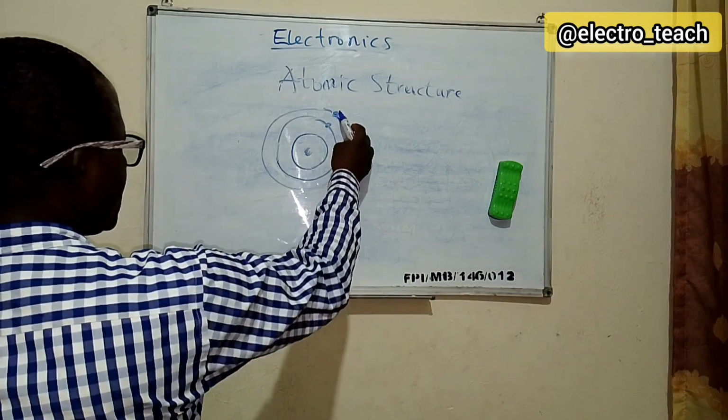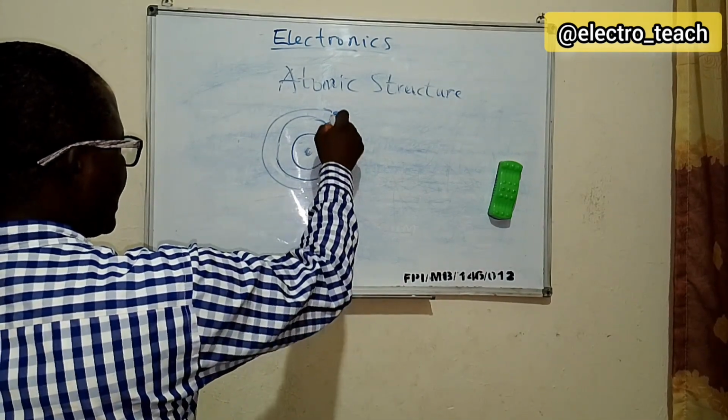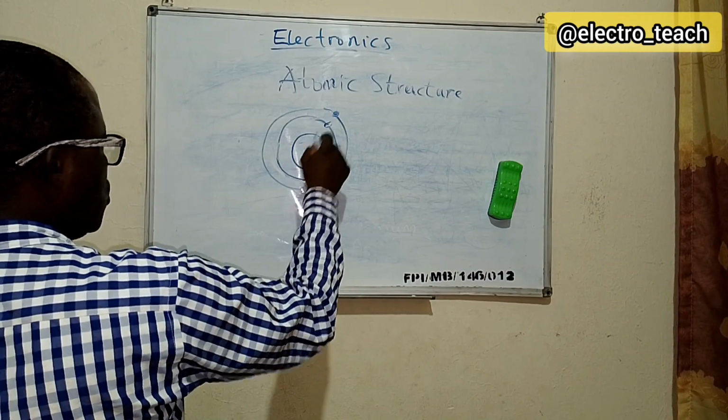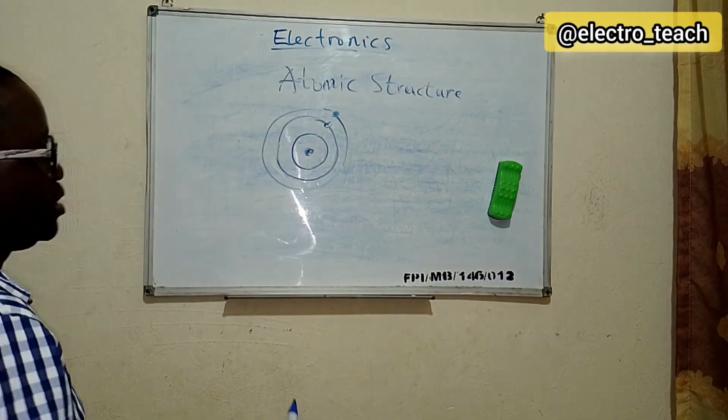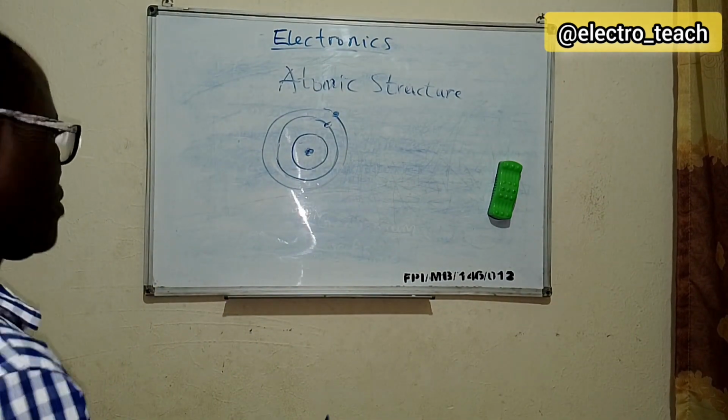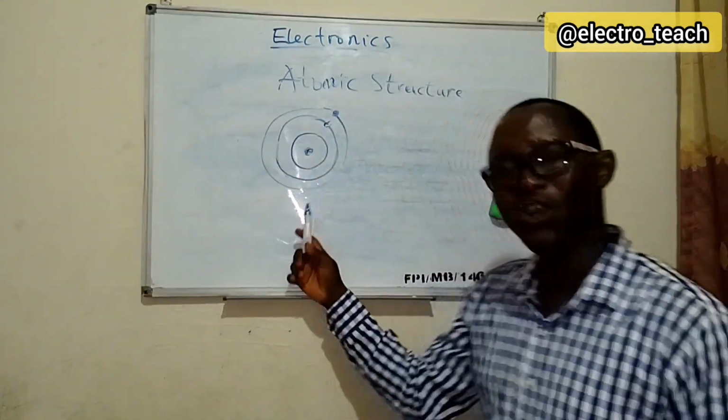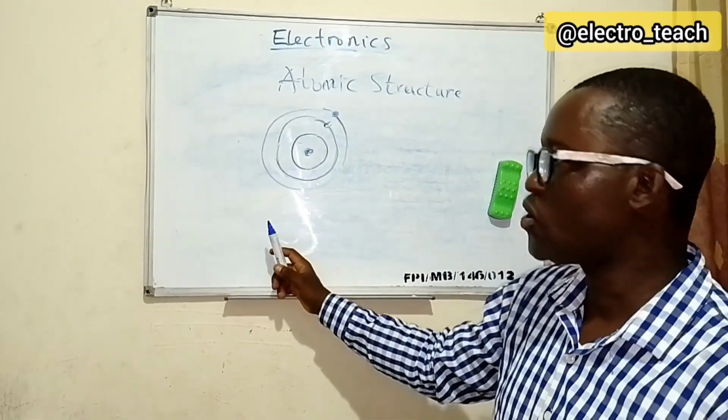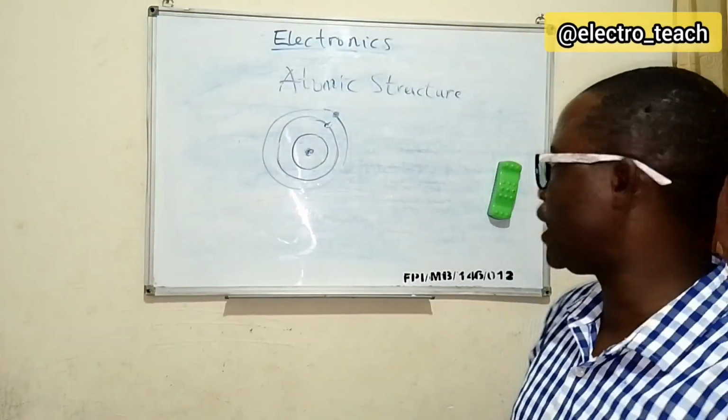So the manner in which the outermost electron is held to the nucleus determines the type of material that we have, whether it's a conductor, a semiconductor, or an insulator, like we have explained earlier.